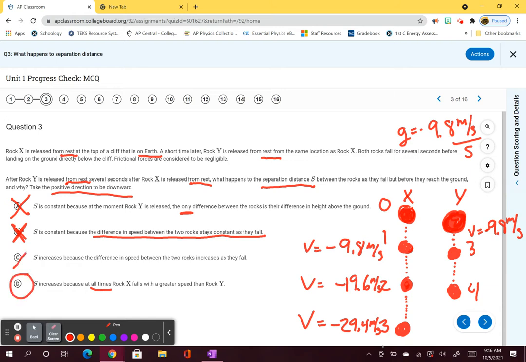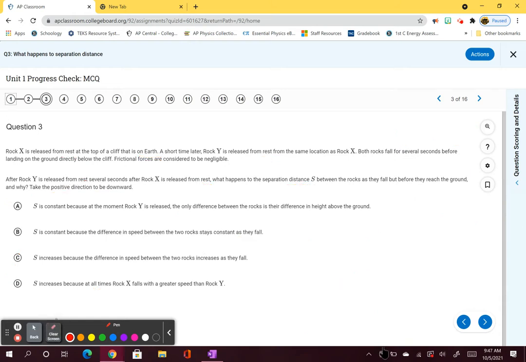So your answer is going to be D. And the big thing about C: yes, the first part was correct, but the difference in velocities doesn't affect the falling. You have to think about what's affecting the falling. Okay, so we'll clear that. Let's go to question 4.